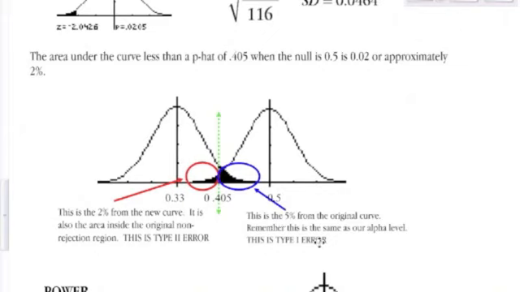This is my type 1 error. If I put the curve from the last calculation on top of that and match up the 0.405 on both sides, then what falls into the original acceptable region is my type 2 error. The area underneath this curve is basically 2%. This 2% is my type 2 error.